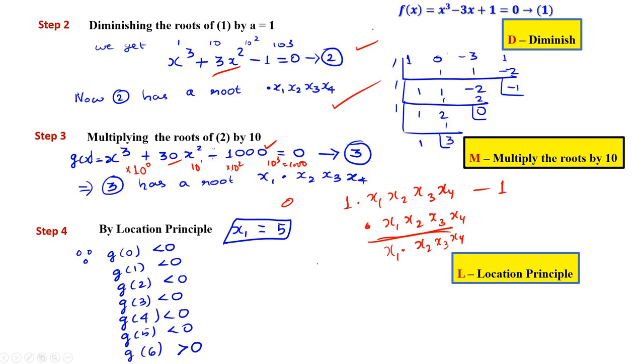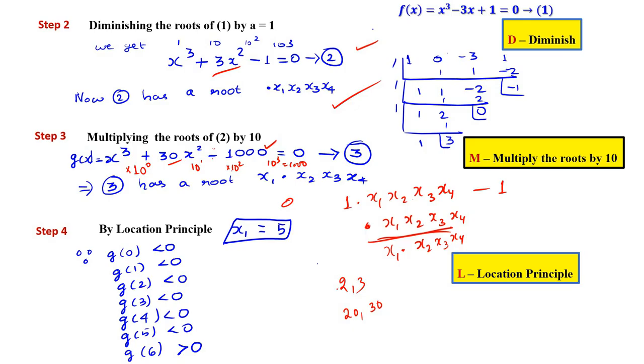So now 3 has a root. We have multiplied the root by 10. So 3 will have a root x1 point x2 x3 x4. You have multiplied the roots by 10, which means, see, if the given equation has the roots say 2 and 3, and you multiply the roots by 10, the new equation will have the roots 20 and 30.